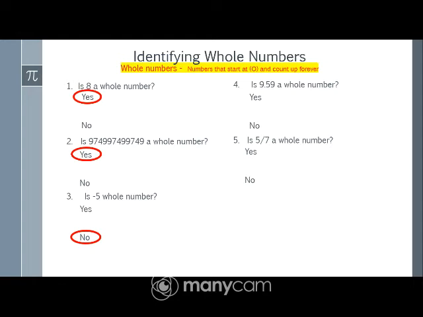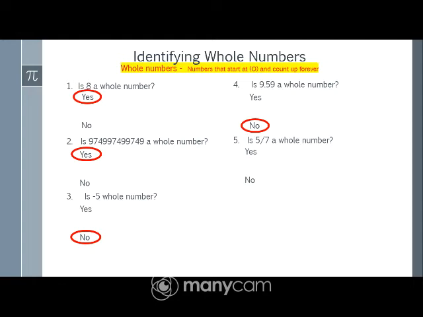Alright, number 4: is 9.59 a whole number? Yes or no? Anyone? If you answered no, good job. No, it is a decimal, and whole numbers are not decimals, everyone. Number 5: is 5/7, a fraction, a whole number?